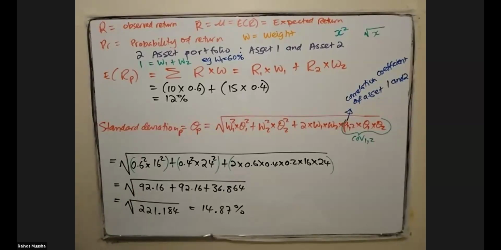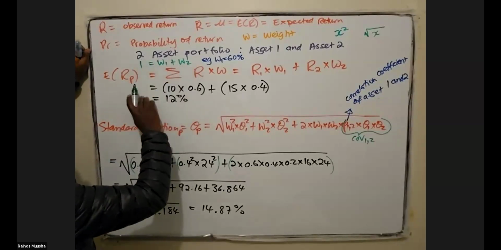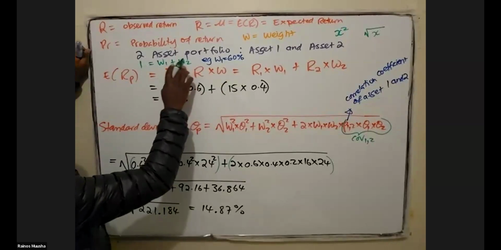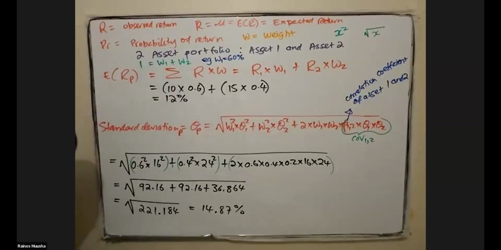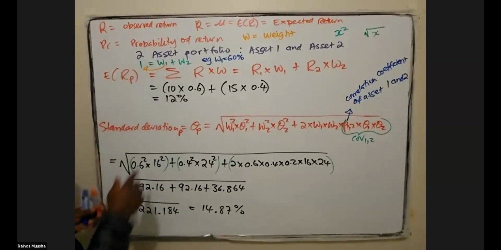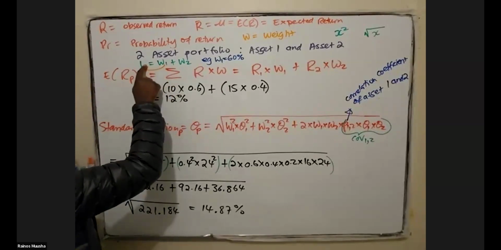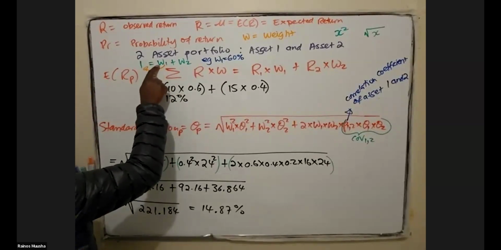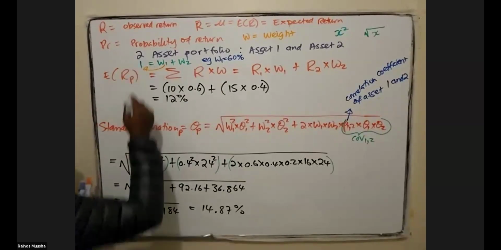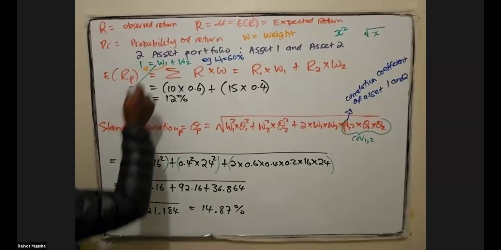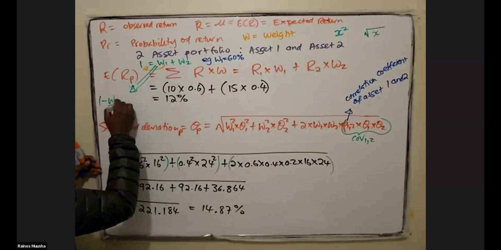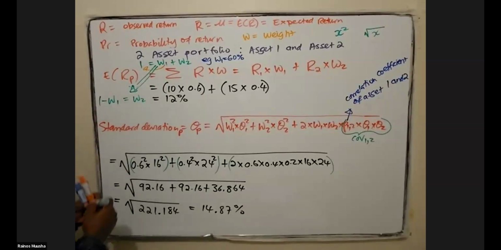If you solve this formula, and you're not given weight of asset 2, you can solve for it by taking weight of asset 1 to the other side of the equation. If it's positive on this side, when it comes to the other side it's going to be negative. So this is the same as saying 1 minus weight of asset 1 gives you weight of asset 2.